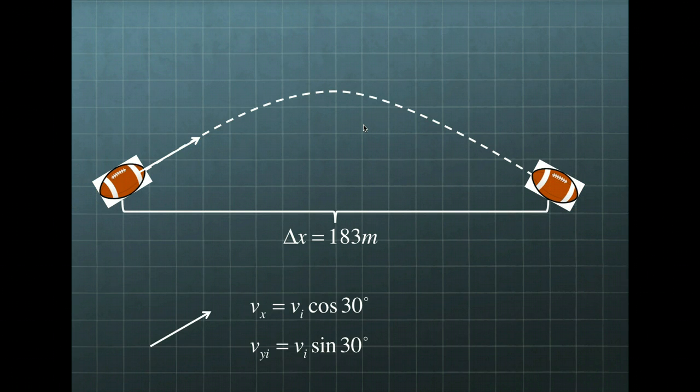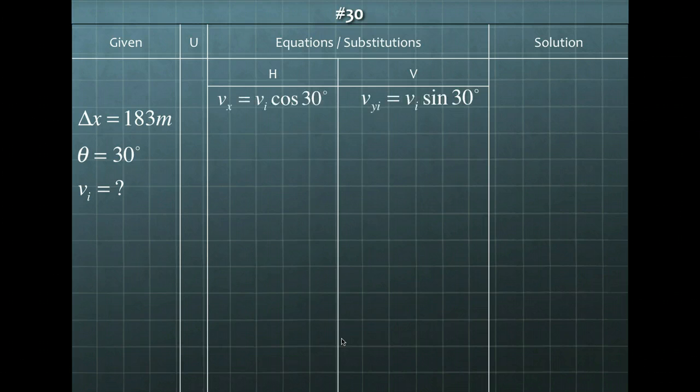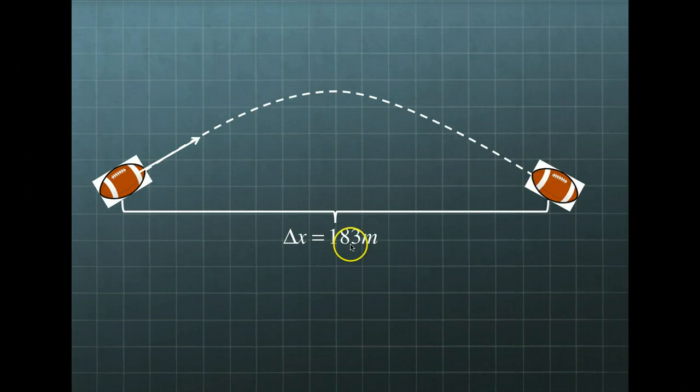Anyway, even though I don't know V initial, I will still go ahead and write these two into X and Y. And then I'm going to start thinking, okay, what can I do to figure out the initial? So what do I know about the motion? Again, it traveled 183 meters. So hypothetically, I can figure out the time, right?